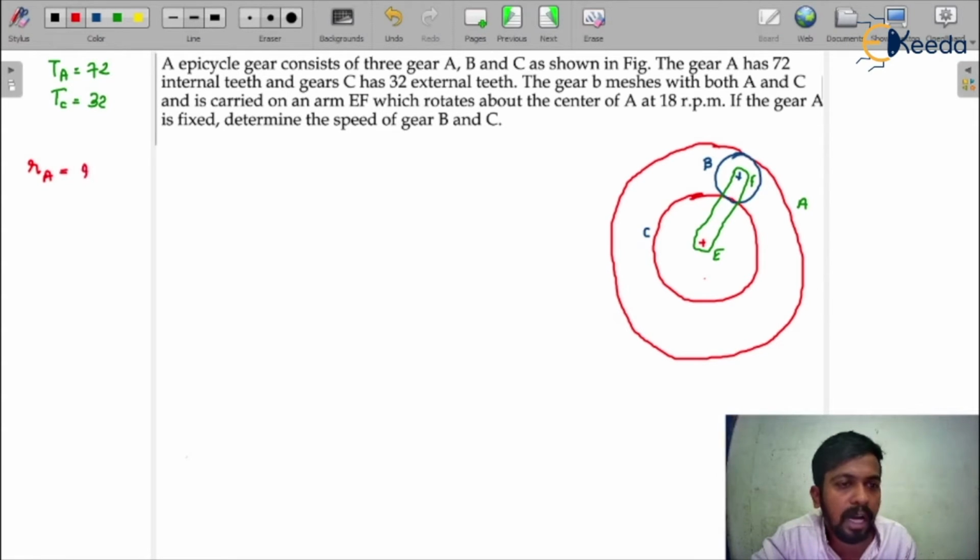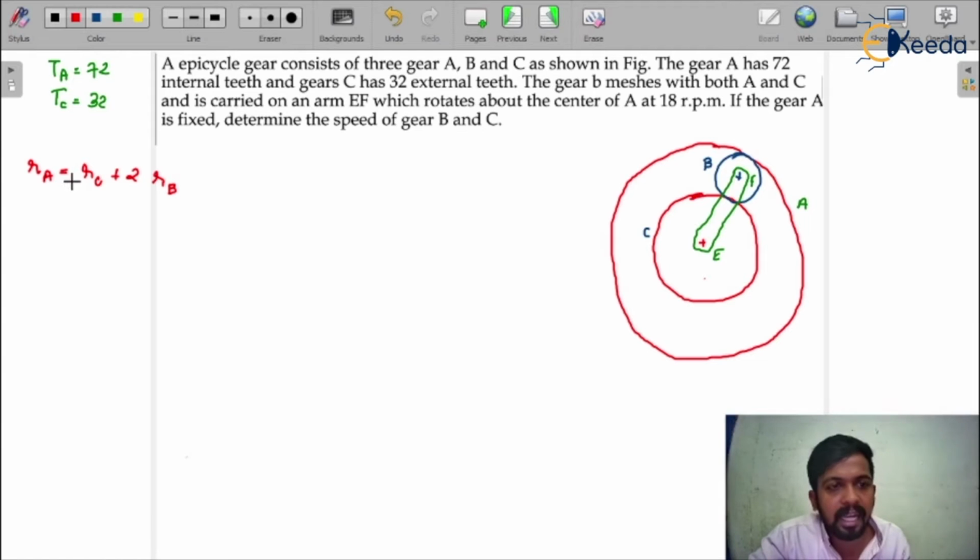RA is equal to RC plus 2RB, because the radius of gear A consists of the radius of gear C and twice the radius of gear B, that is, the diameter of gear B.